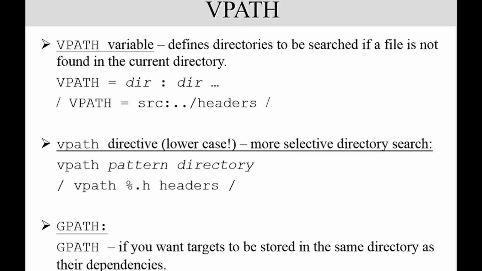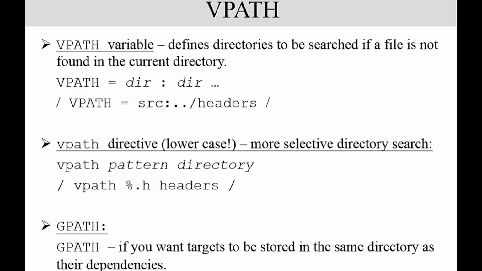Basically, the first one is taken as the source, and then the second one is the path to that particular directory. So you can say vpath dir colon dir, this is one of them, and then you can say dir colon dir2, it's another one. So similarly, with space separated ones, you can specify as many as you want.